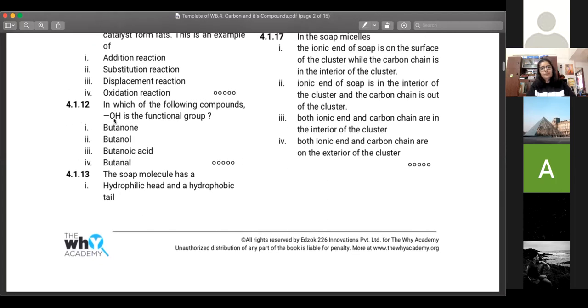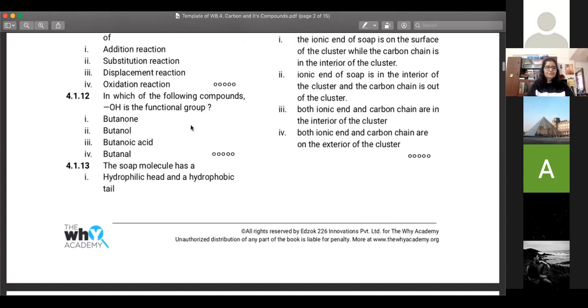In which of these compounds is OH the functional group? Puneet has already sent the answer. Nice. That was fast. We don't have soaps and detergents, I don't think, doesn't look like it. None of your schools have taken it up. Tanusha, check the table that we did earlier today.